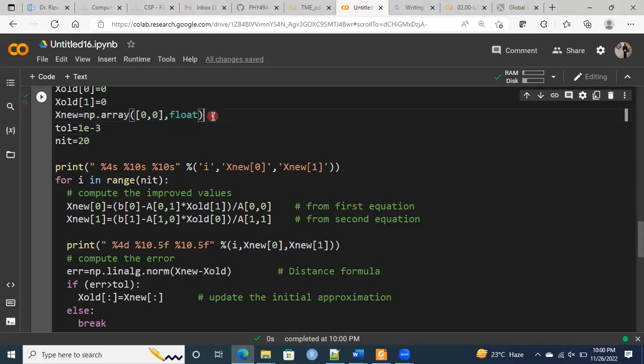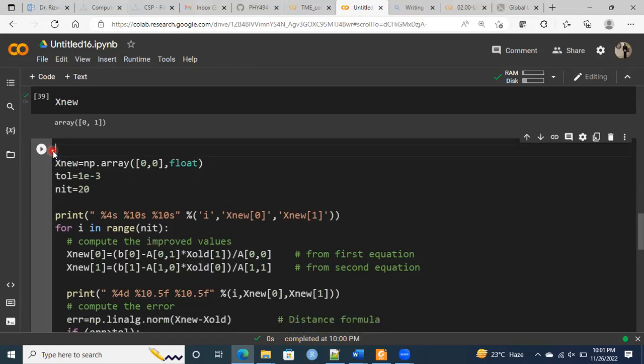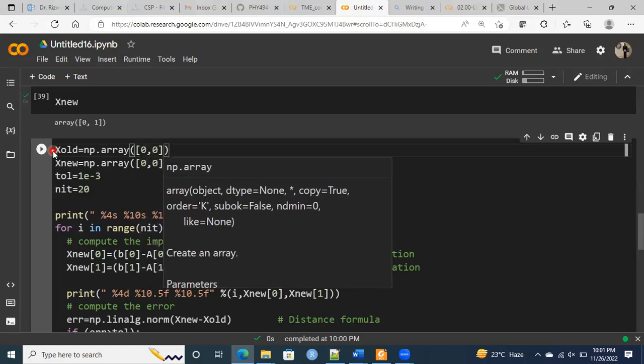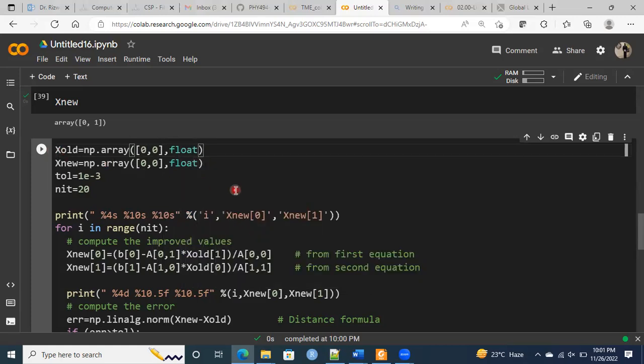I have figured out that the calculations were performed in the integer mode. Therefore, an update was required when we define the arrays. So for example, x old equals, we have to say that this array and the values must be considered as float to support the real point or floating point operations.